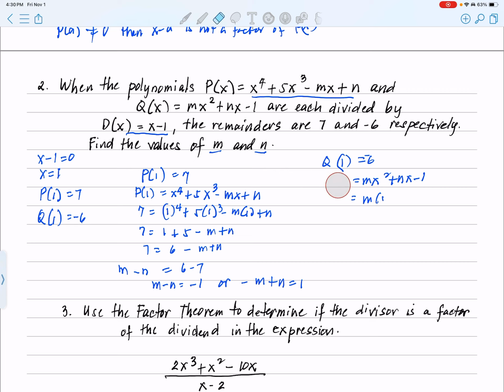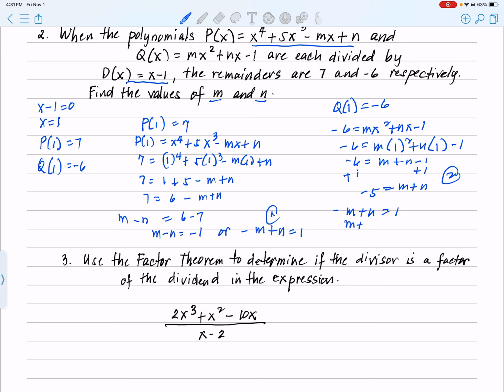So we could use the systems of equations. I make this as equation 1 and this is equation 2. And then combine: m plus n equals 1, and m plus n equals negative 5.